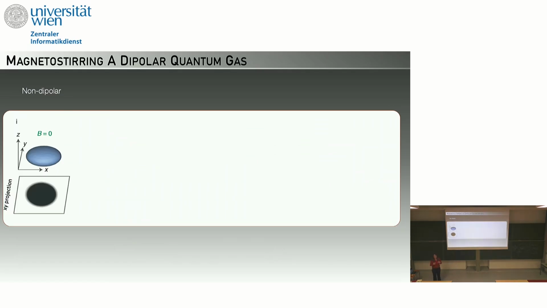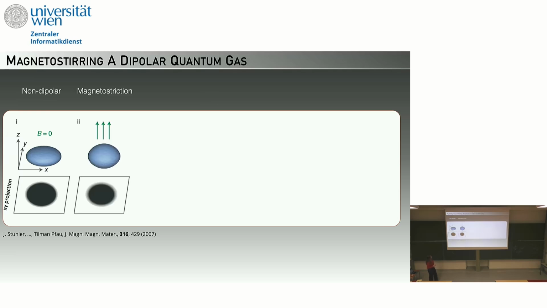Now what you see is a simulation, because luckily we also have, let's say, a theory group in my group, and so we could really develop the theoretical understanding, which is crucial in this complex system. So this is the simulation of the ground state of a non-dipolar gas for our parameters.